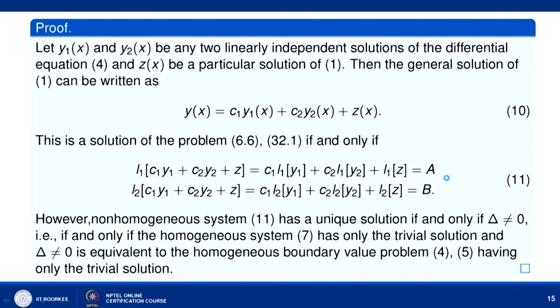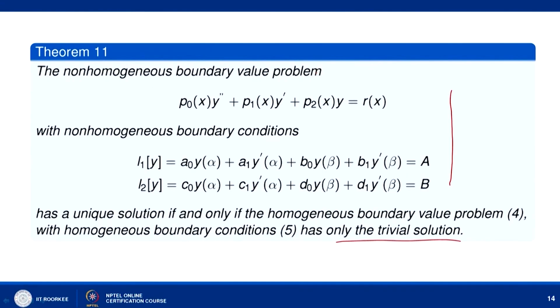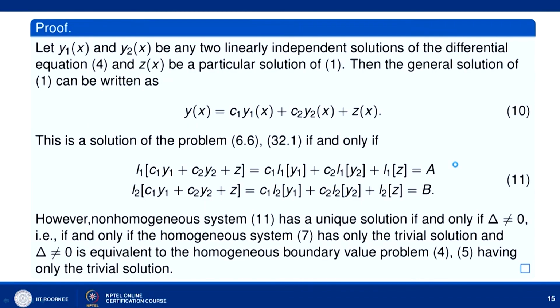Let y1 and y2 be any two linearly independent solutions of differential equation 4, that is, the homogeneous part, and let z(x) be a particular solution of the non-homogeneous equation. So z(x) is a particular solution of this non-homogeneous boundary value problem, and it will satisfy this. Then the general solution of 1 can be written as y(x) = c1 y1(x) + c2 y2(x) + z(x).